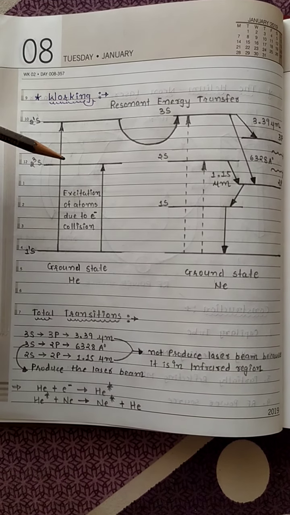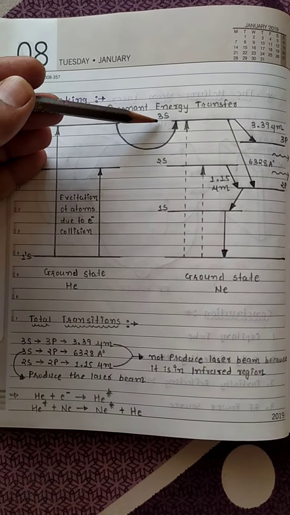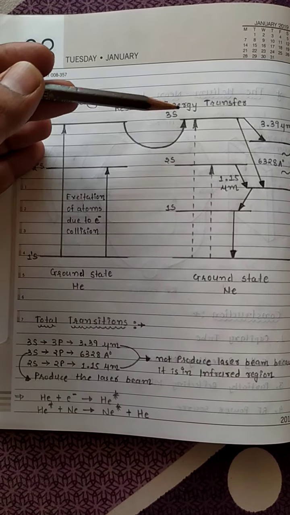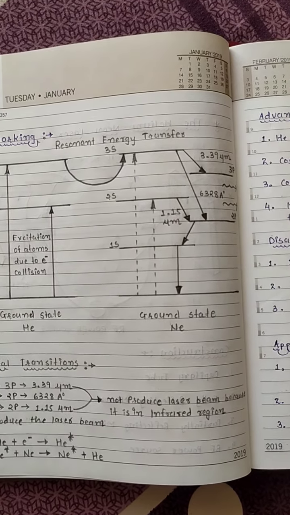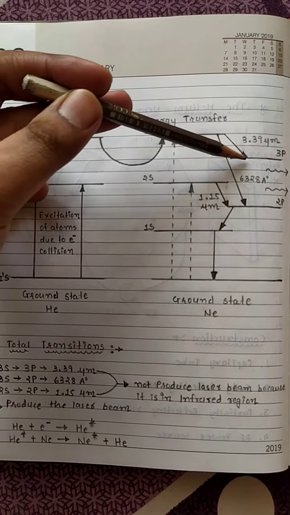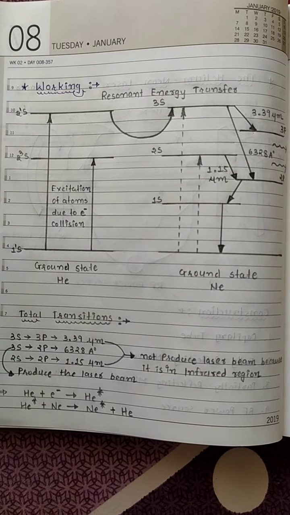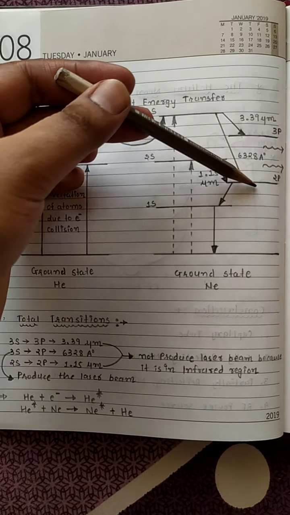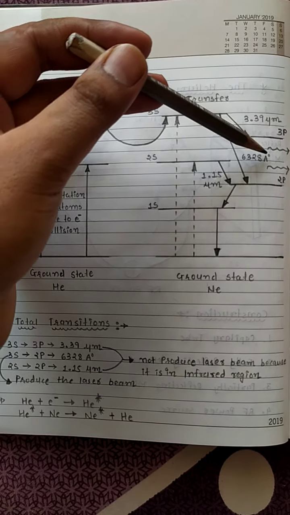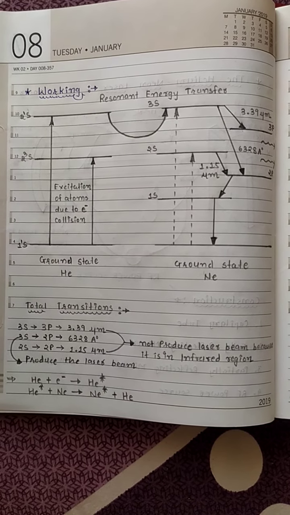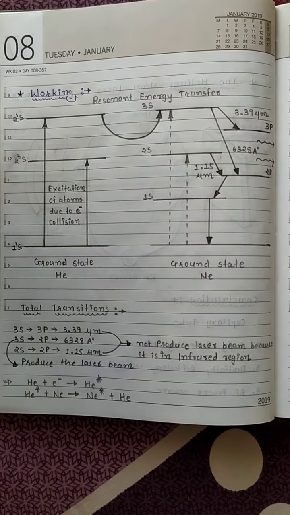So the helium atoms transfer their energy to neon atoms, and the neon atoms gain the energy and move from the ground state to the 3s and 2s states. When electrons transition from 3s to 3p, a photon of 3.39 micrometer is achieved. Again, from 3s to 2p, we get a photon of 6328 angstrom. So we achieve two photon wavelengths from the 3s to 3p transition and the 3s to 2p transition.